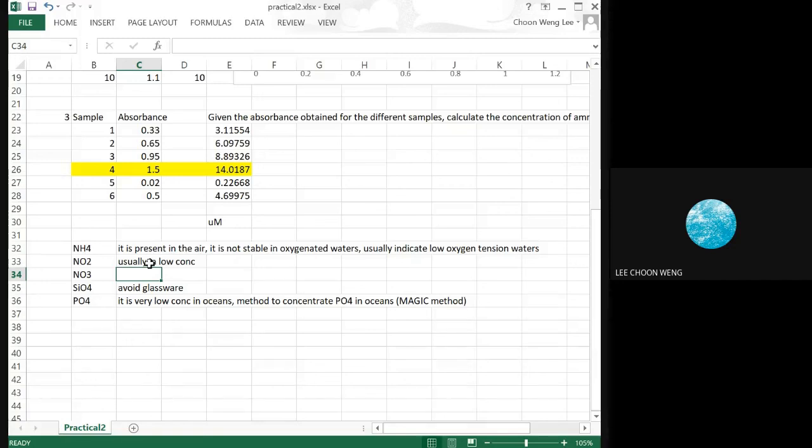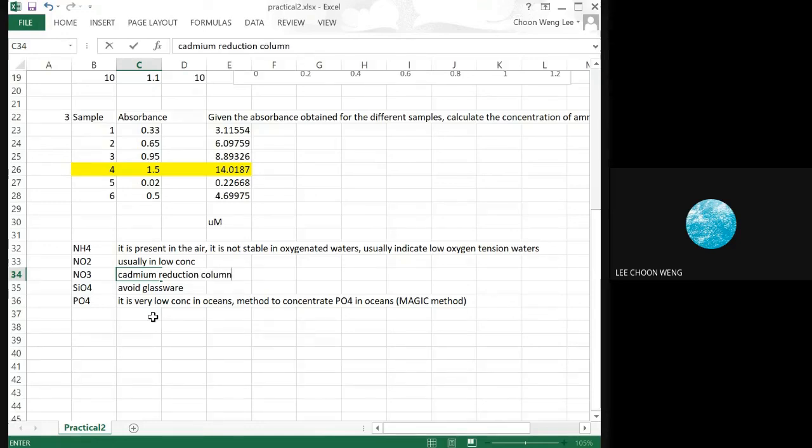Okay, so NO3 and ammonium NH4 are usually the ones that we see in the waters. Okay, but measuring NO3 is actually more of a hassle, because you have to use a cadmium reduction column.